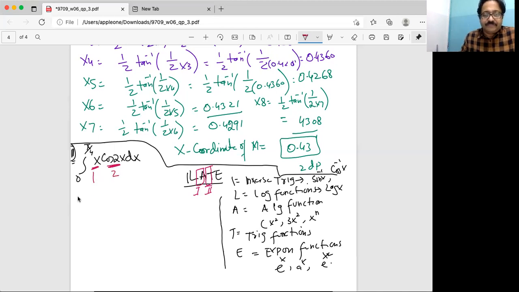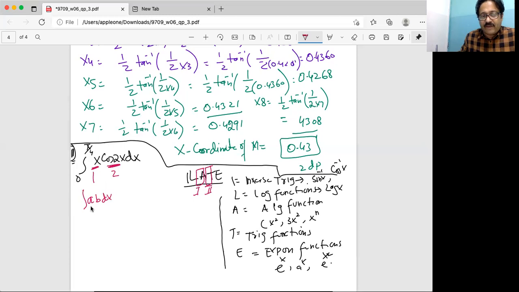Now see here, I will start by integrating this. The rule for integration by parts is what I'm writing here: integral of a b dx.